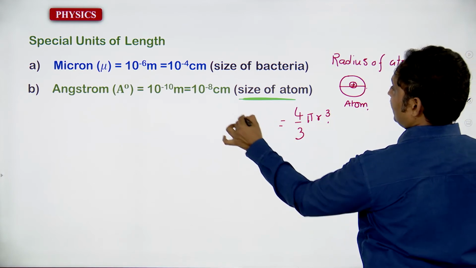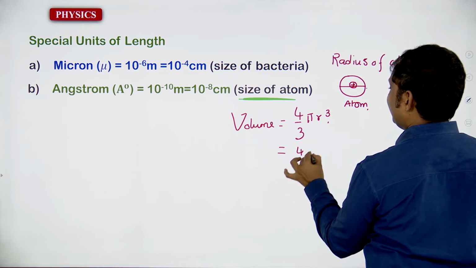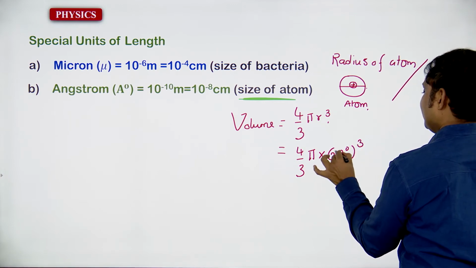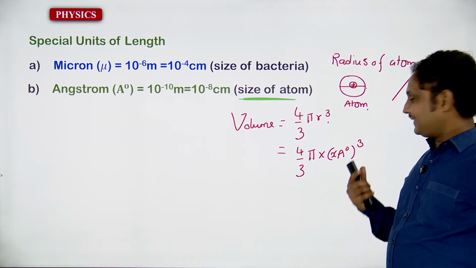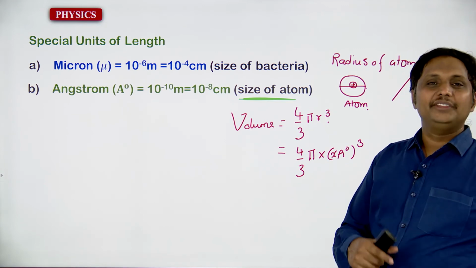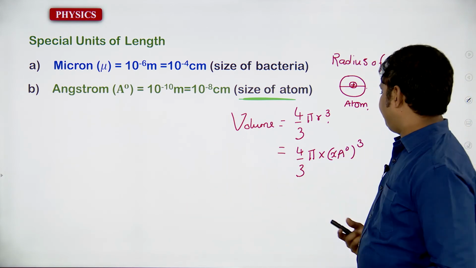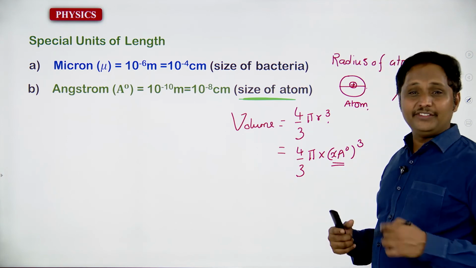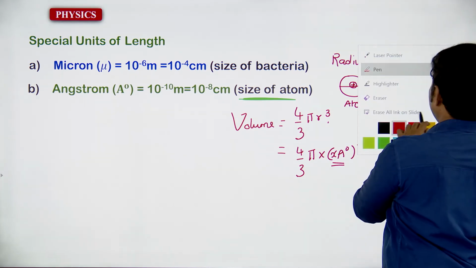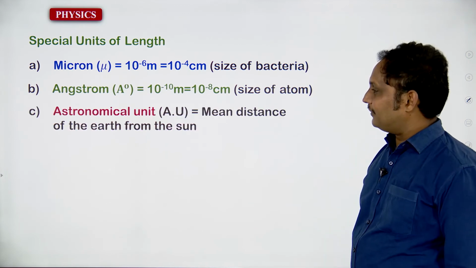So the volume of the atom is 4 by 3 into pi into some angstrom whole cube. Easily you will get that x. Instead of that value, we will take x, which is in the range 0.5 to 2 or 2.5. Depending on the atom, its size is going to change. Generally, this is the calculation where we represent the size. Okay, right. Let's go for another one.